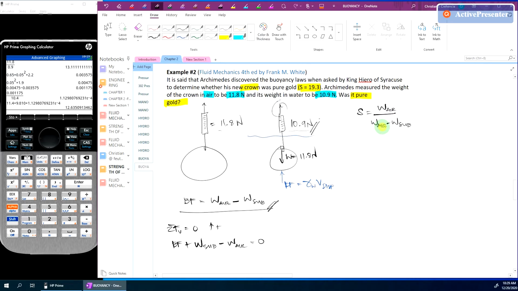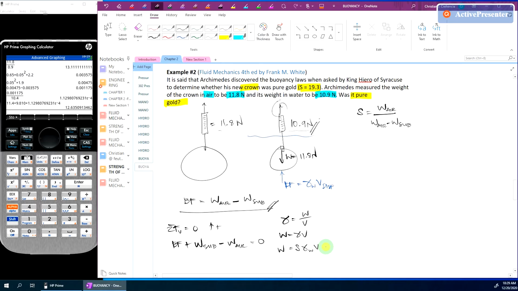So how do we get the weight of an object? The specific weight, or unit weight, is equal to weight over volume. Solving for weight, it is specific weight times volume. In terms of specific gravity, the weight is equal to specific gravity times the specific weight of water times the volume.